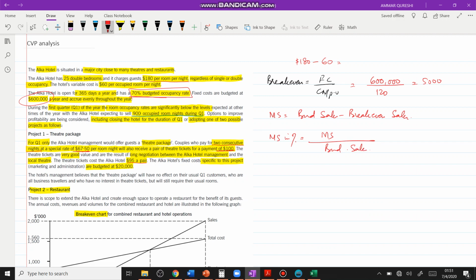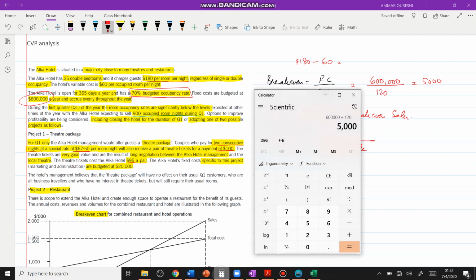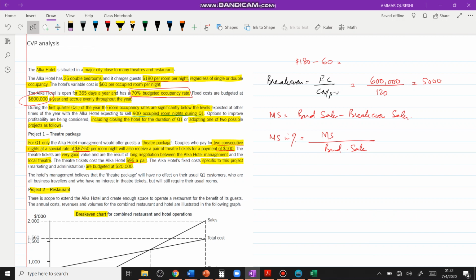So, first of all, we have to calculate the budgeted sales. What is the situation given here? They are saying that 365 days per year multiplied by 25 is 9,125, the overall capacity. I mean, they can offer 9,125 room nights. But the problem is, only a 70% rate applies.